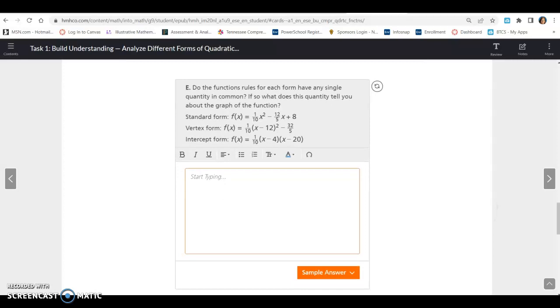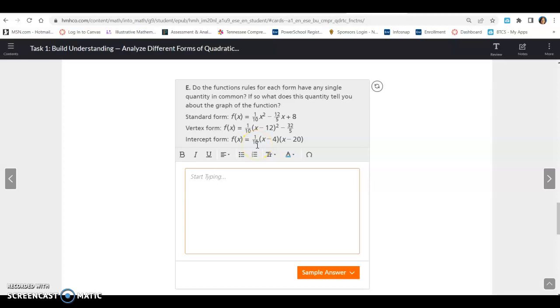Do the function rules for each form have any single quantity in common? If so, what does this quantity tell you about the graph of the function? All right, so if you look at these, you can see that each one of them has the 1/10 out front. So that is your A value.